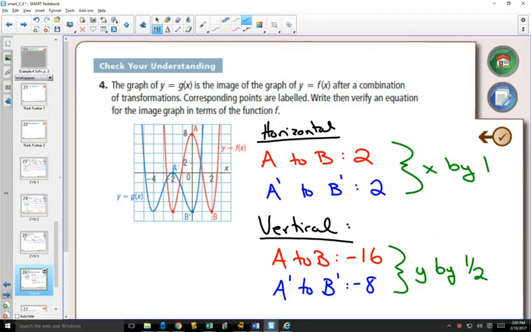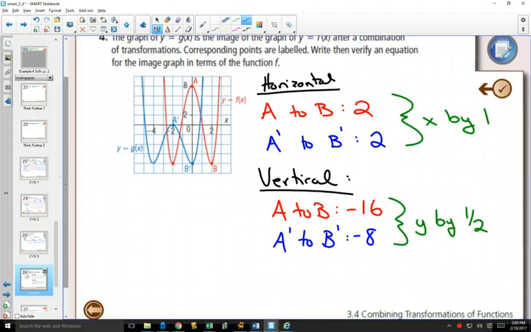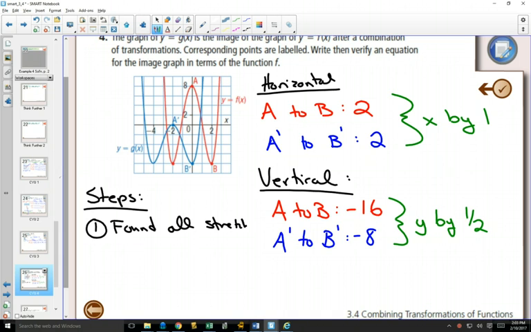Now, in 3.3, this is all we had to do, and then we were done the question. What we're going to do in this one, and maybe it would be nice when we have multiple transformations and graphs, is put some steps off to the side. First, what we did was we found all the stretches and compressions.